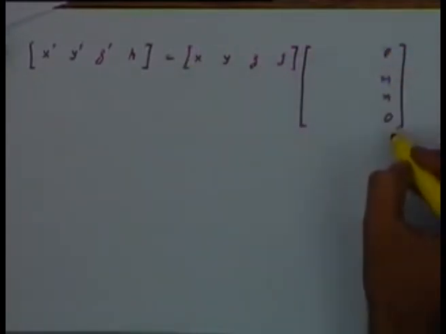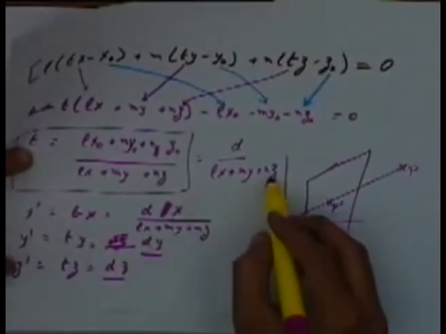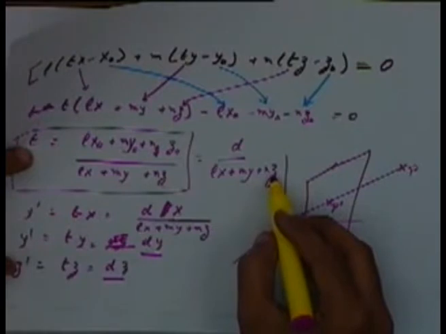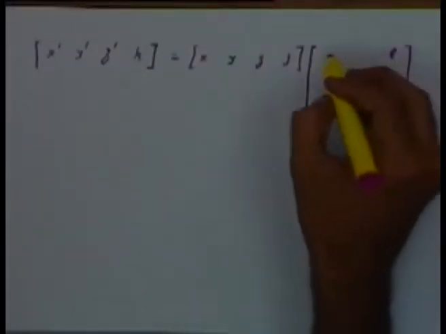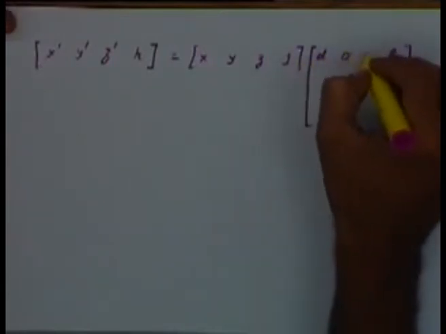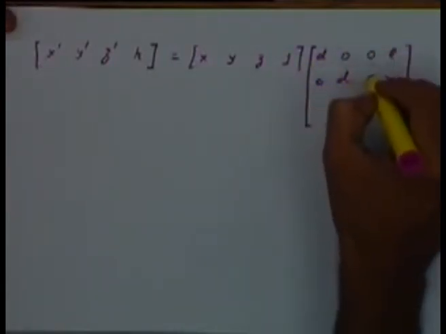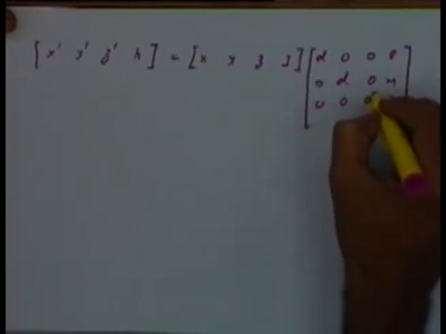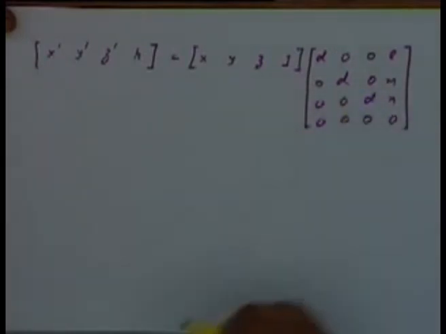X Y Z 1 when multiplied by this vector element gives us the term Lx plus My plus Nz. And here we will just say D 0 0 0, 0 D 0 0, 0 0 D 0.